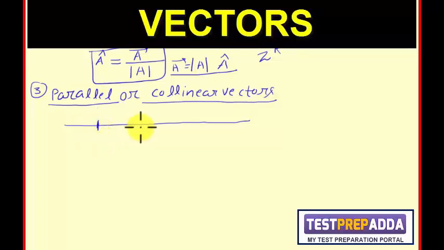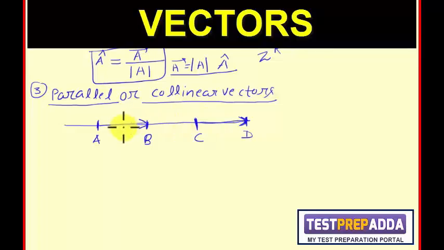If I take two vectors here like AB and another vector as CD, these two vectors are considered to be collinear vectors or parallel vectors.